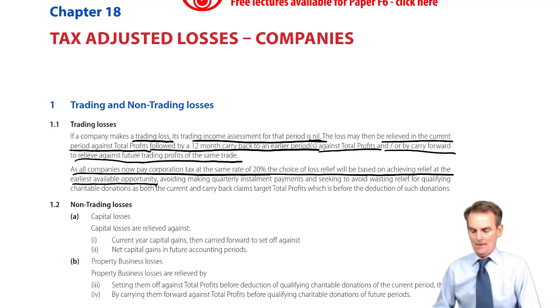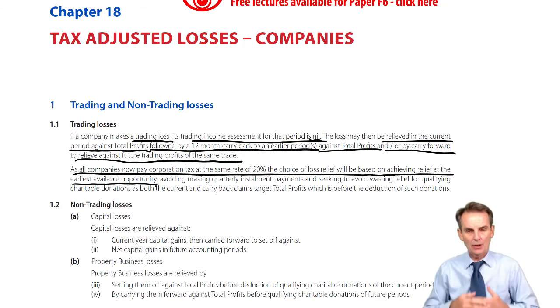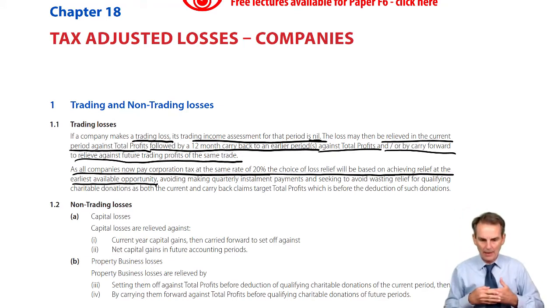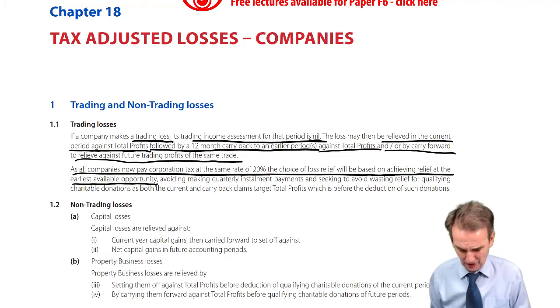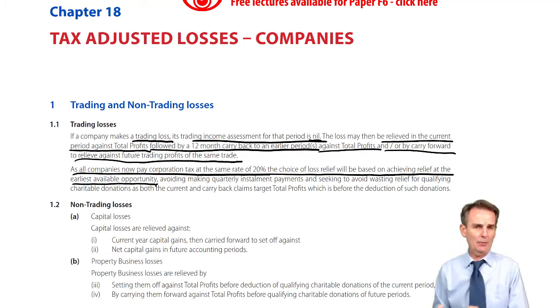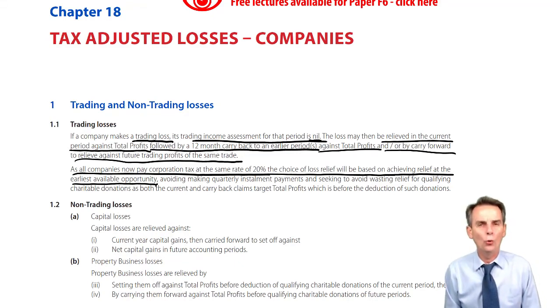Now then, we've said that for a normal ongoing business, we have current period, carryback, and carry forward options. There we go, we have an objective here: earliest available opportunity. So think for a moment, given what I've told you so far about the order of set-off.